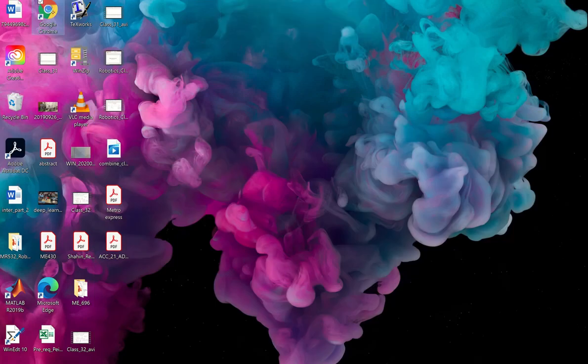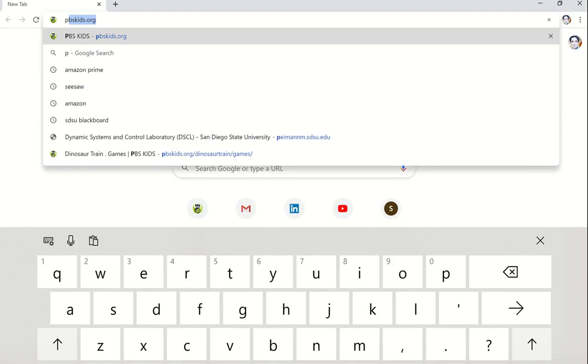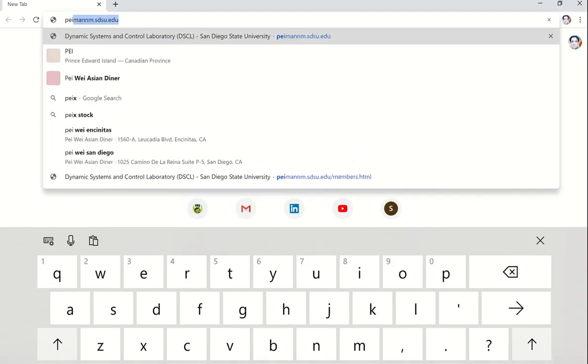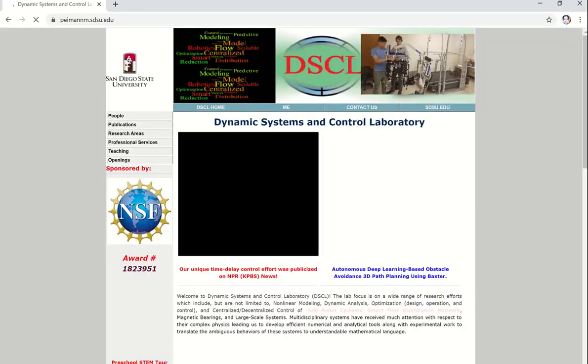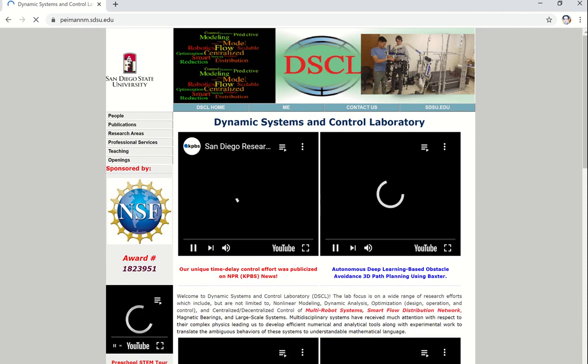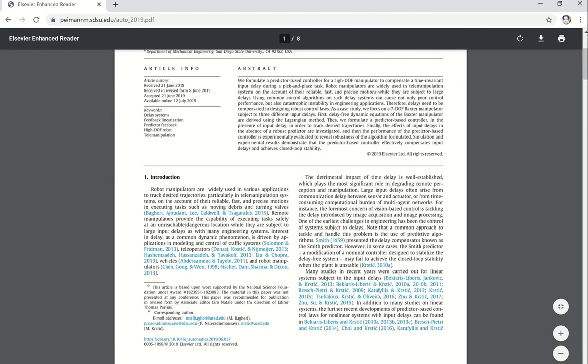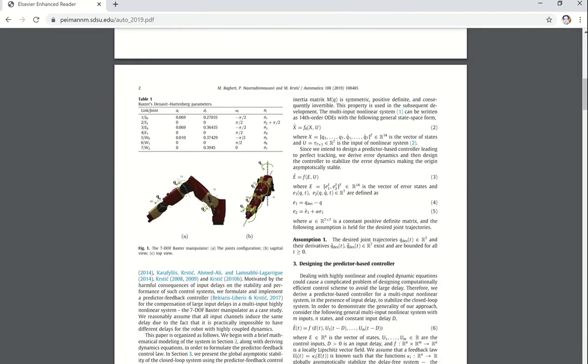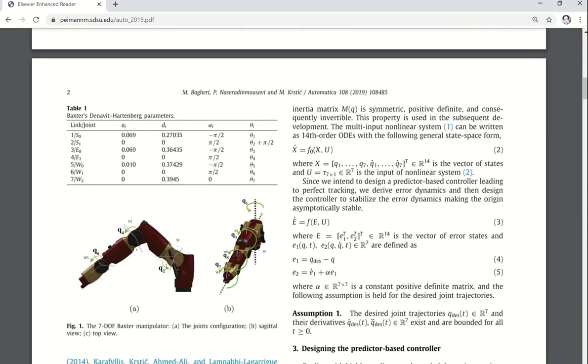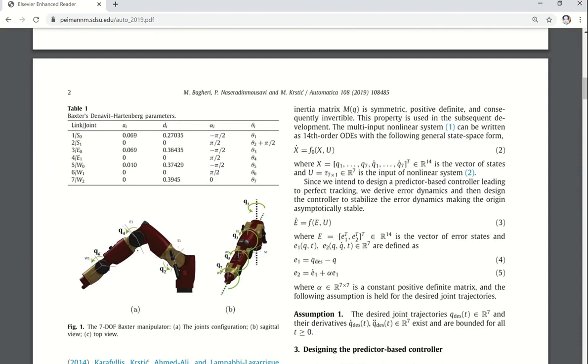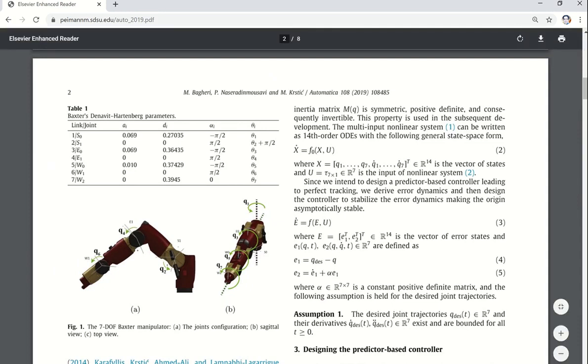So if you go to my lab website, we have publications on the experimental and theoretical robotics. So for example, this paper on the Automatica published, so you can see here. This is my previous PhD student Mustafa Bagheri, me and my collaborator.